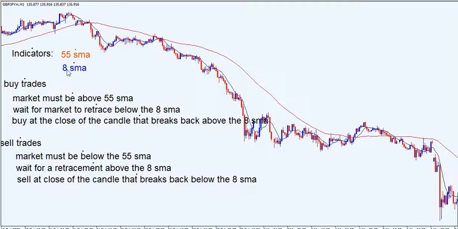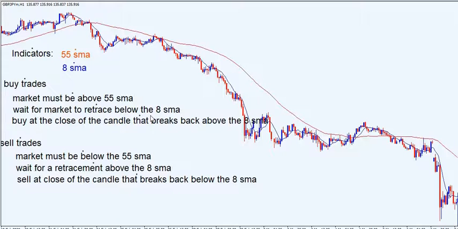Now, here are the rules. The rules of the strategy go like this. For buy trades, you want to see a market that is above the 55 period moving average. Whenever the market is above, we know it's a buyer's market, and then we are looking for buys. We are not going to sell. We change our uniform, our kit, we wear the buyer's jersey, right? And then we wait for the market to retrace below the 8 period moving average.